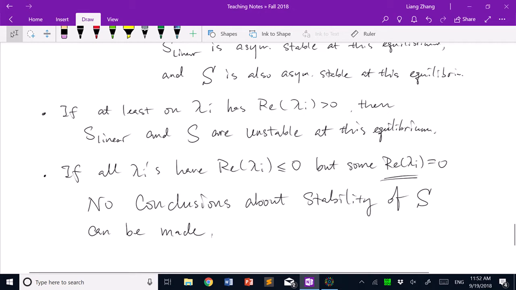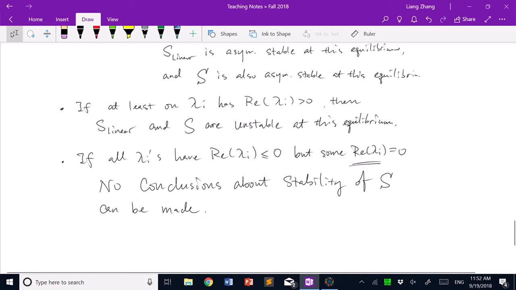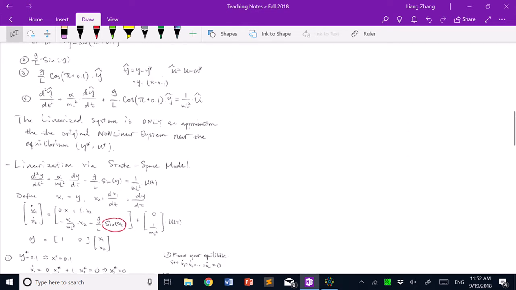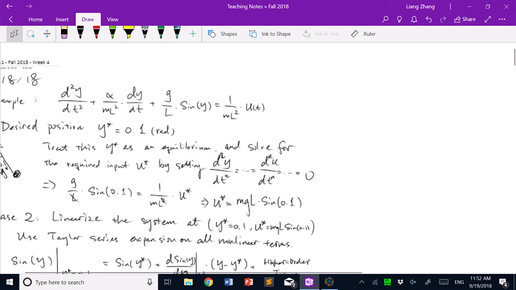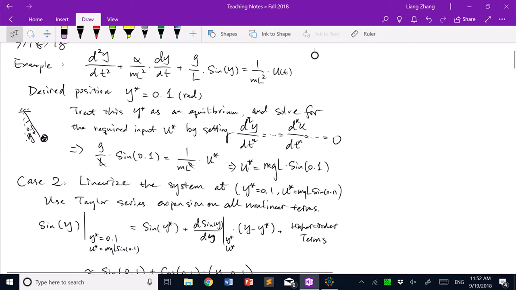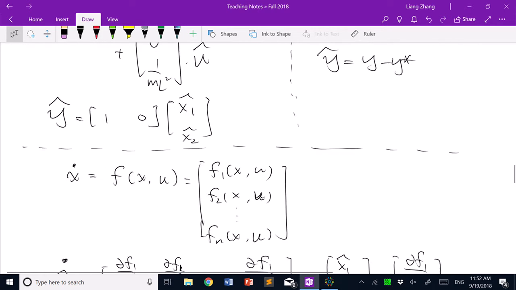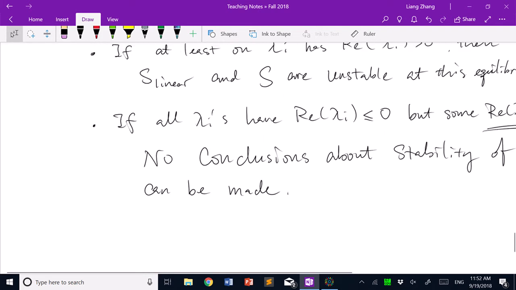Okay. So this is the Hartman-Grobman theorem, and we can quickly illustrate how it can be used by going back to the pendulum example. If we go all the way back to the beginning of this lecture, where we have the nonlinear system, when we linearize it, at the two equilibria of the inverted pendulum we have two linear equations, and let's look at what they are.